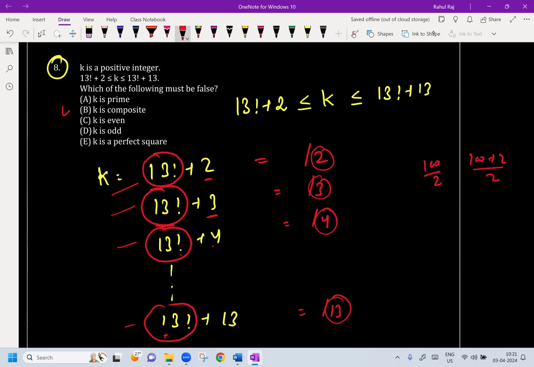If it is not a prime number, it's a composite number. Just mark the answer and move on. Because now I've got it. These numbers, 13 factorial plus 2 to 13 factorial plus 13, are not prime numbers at all, because I have given you one other number that they are divisible by except one and itself. A prime number is divisible only by one and itself. But it's asking which of the following must be false, not true. So the false statement is k is a prime number.